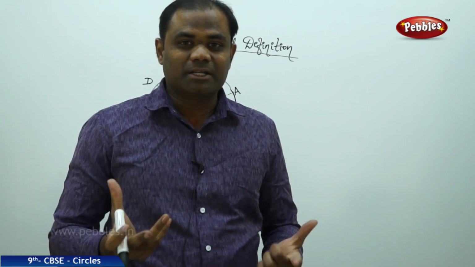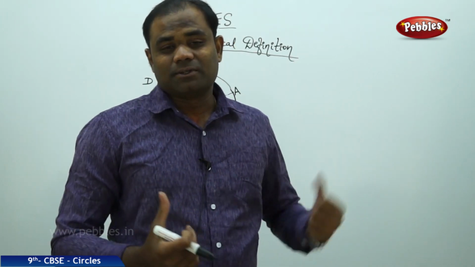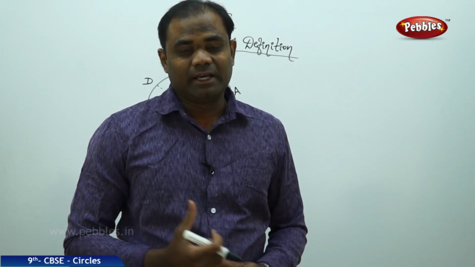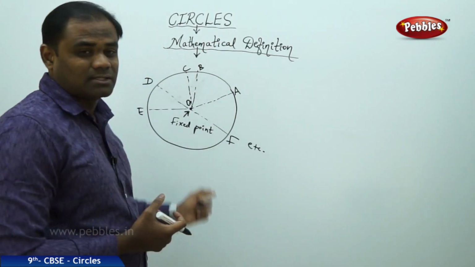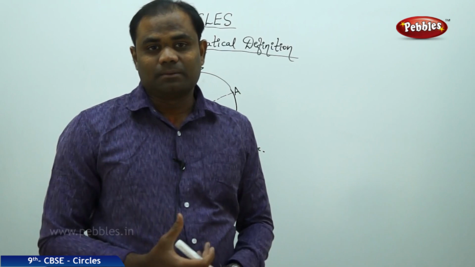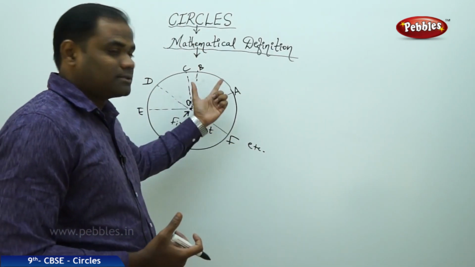So we have many mathematical properties which arise through the circle. We have many mathematical properties which come into existence through this investigation outcome. So what are the different things we see here?